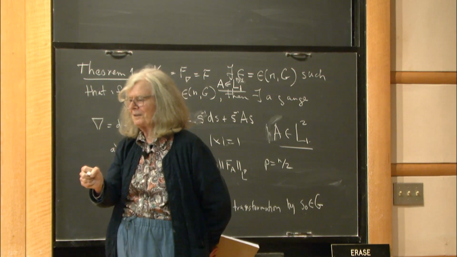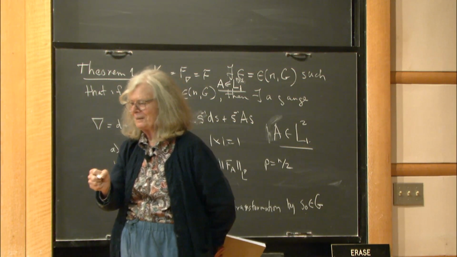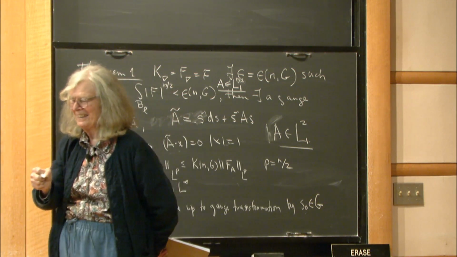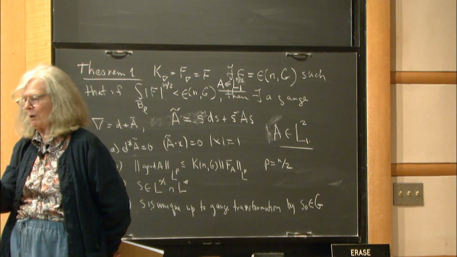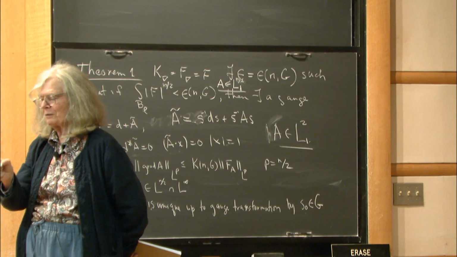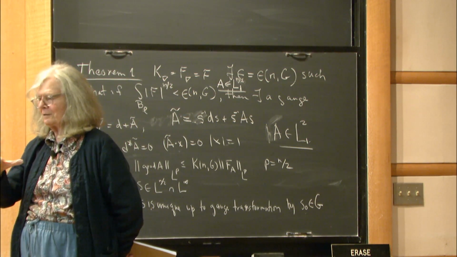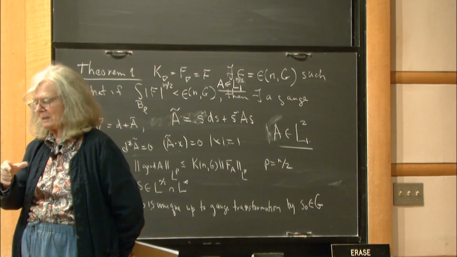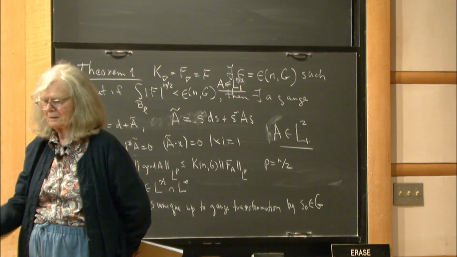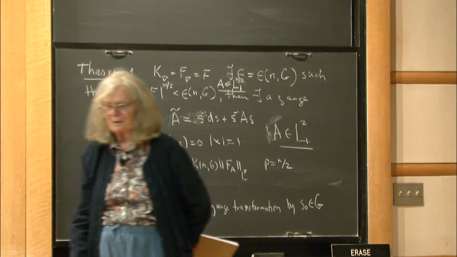You don't have any delta functions around. So if you look in a small enough ball, the curvature restricts to something that's very small. And so then I just connect it to the one I wanted to solve by taking the family of rescalings.